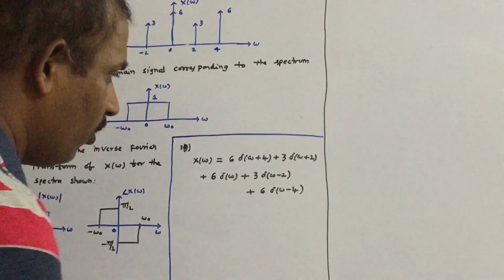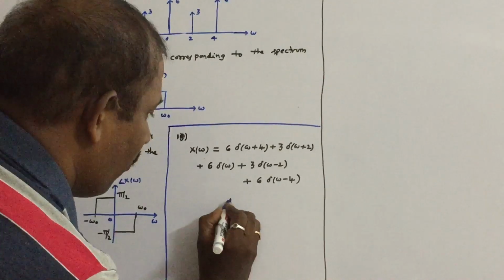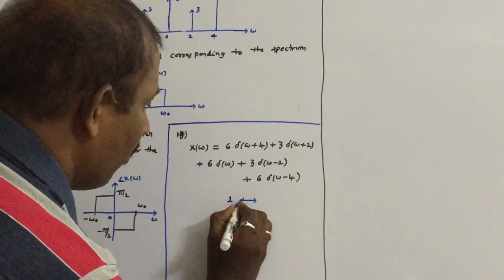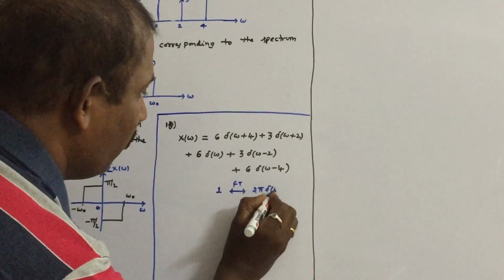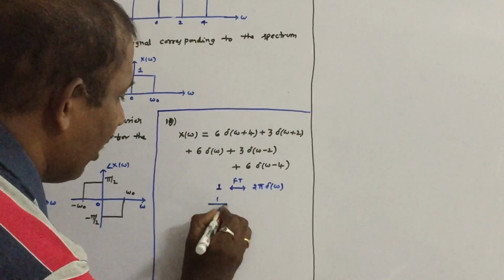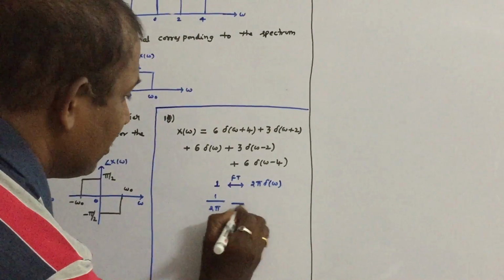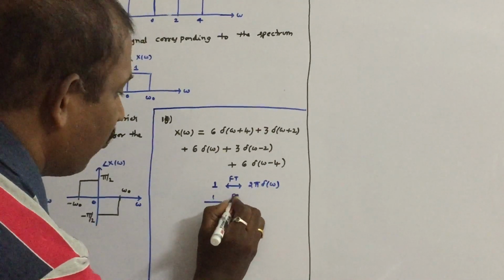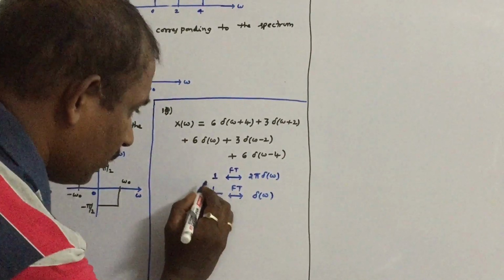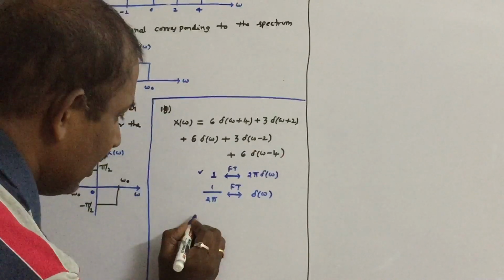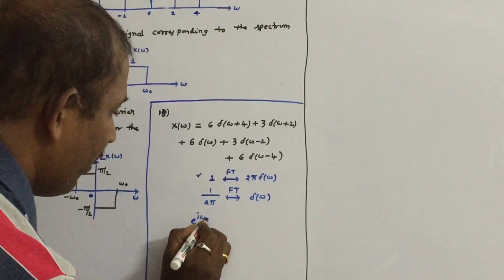The second step, the important step, is: what is the Fourier transform of 1? The Fourier transform which we have discussed, very very important, is 2 pi into del of omega. Bring 2 pi to the left side: the Fourier transform of 1 by 2 pi is del of omega. Now let us see e power j omega 0 t.